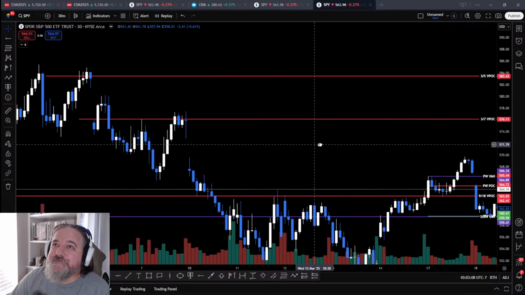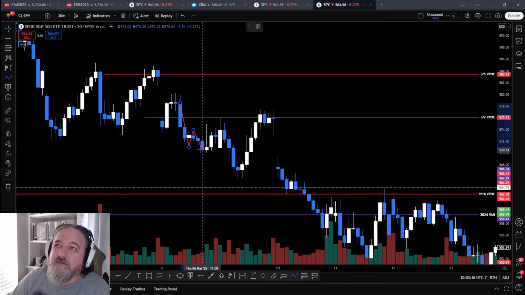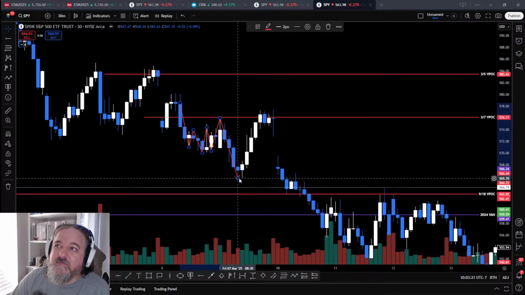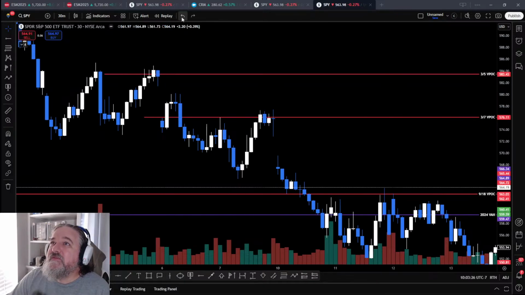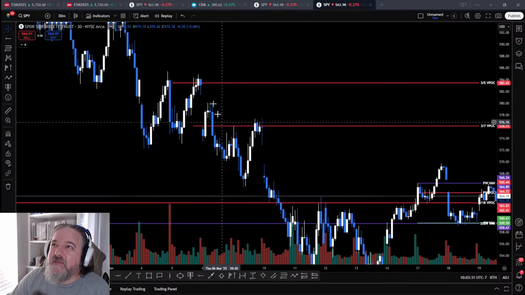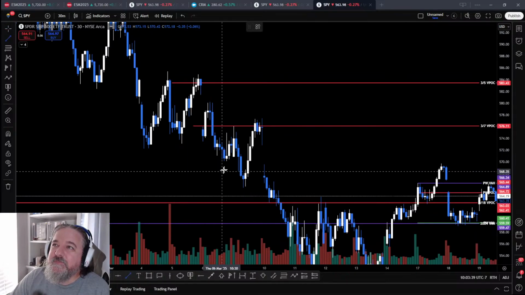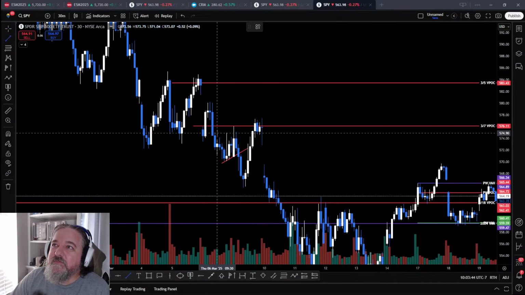So when I break through a level, I'm looking for three 5-minute candles or more below. And then when I retest, I would be looking to get in short or get into puts, right? And if you're really paying attention, it might not be obvious on this time frame, but this is basically a bear flag.